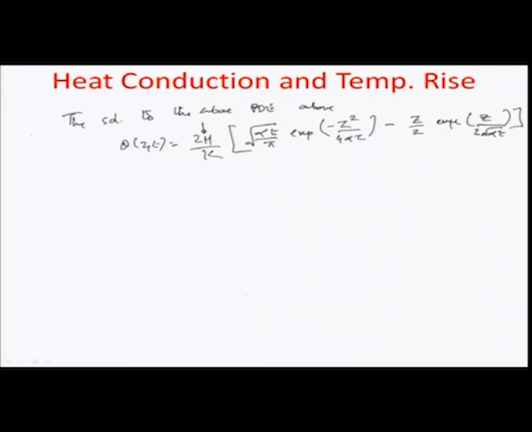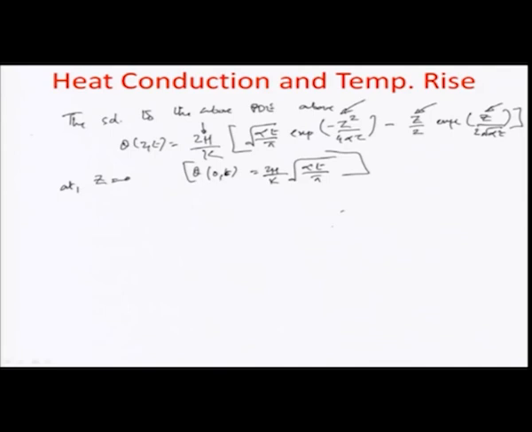Let us evaluate what happens at z equal to 0. We have already mentioned about this before, that at z equal to 0, that is the surface, the theta 0 at any point of time t is actually given by this twice h by k root of alpha t by pi. Put the z value 0 here.